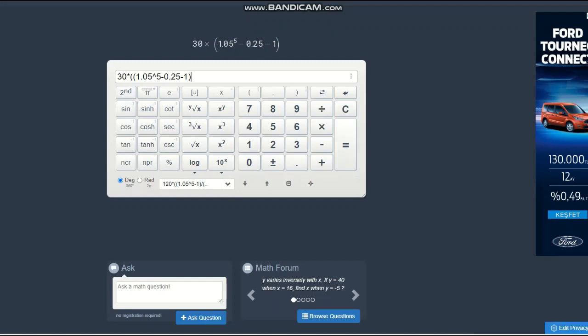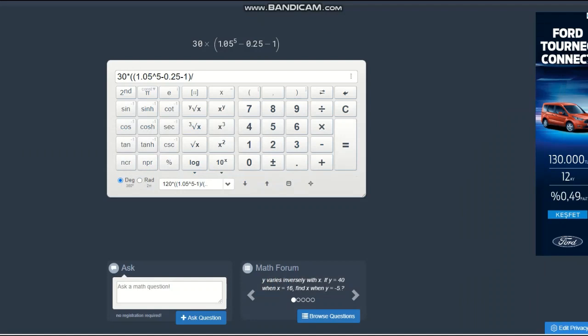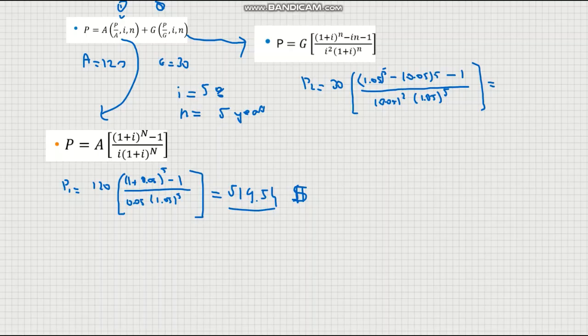So I close the parenthesis and I make a division, which is 0.05 squared, and also let's put this one in parentheses, multiplied by 1.05 to the power of 5. Let's close this parenthesis and another parenthesis. So it's gonna be 247.11.